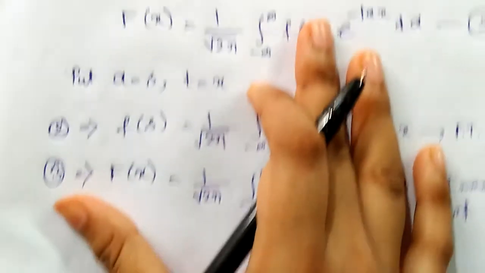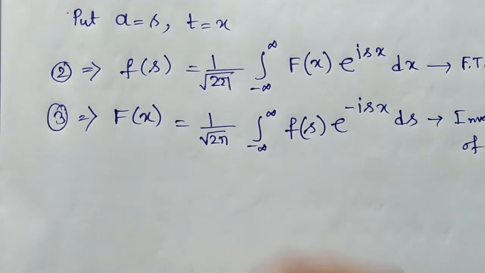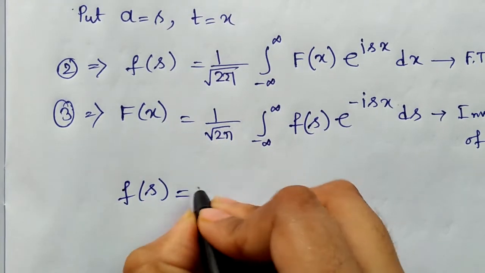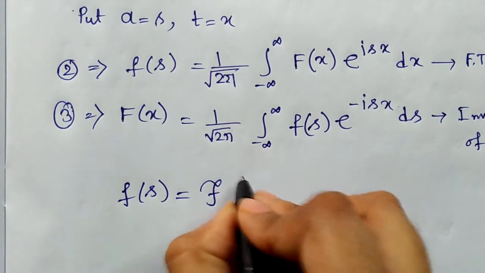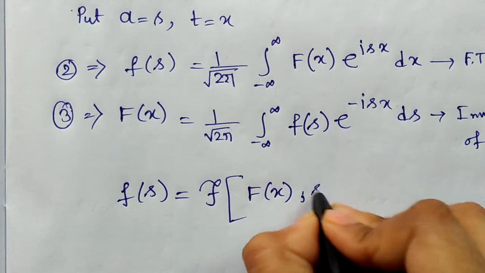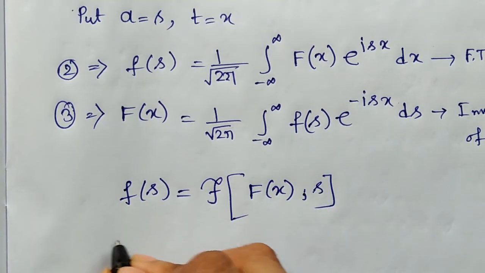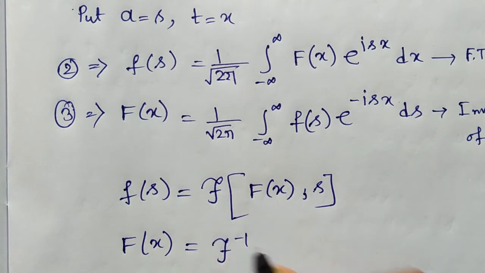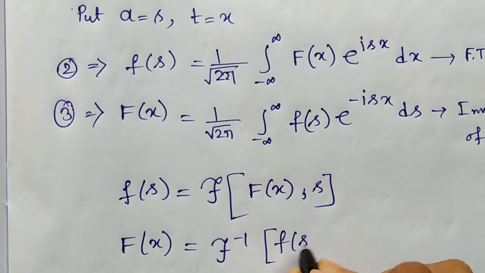Here f(s) equals the Fourier transform of capital F(x), and capital F(x) equals the inverse Fourier transform of f(s).